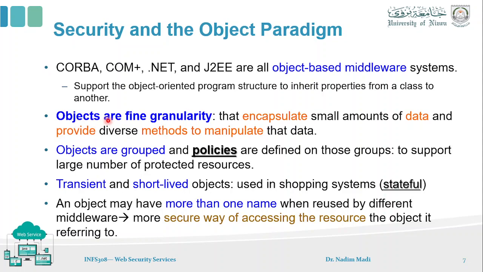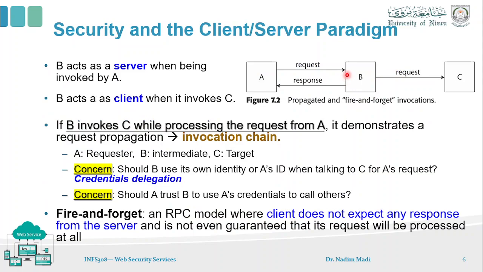For example, objects are fine granularity. This means that objects can access up to a deep level of data, even up to the level of the parameter, not only the system itself. When we say a linkage between B and C, this means that whenever an object is created in B, it should be able to access a specific method with a specific parameter in C. We have been practicing this in the previous labs, if you remember.